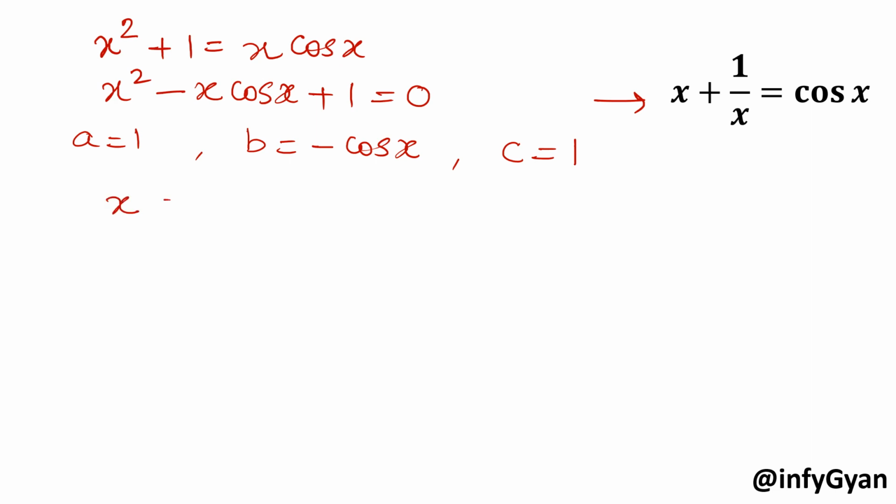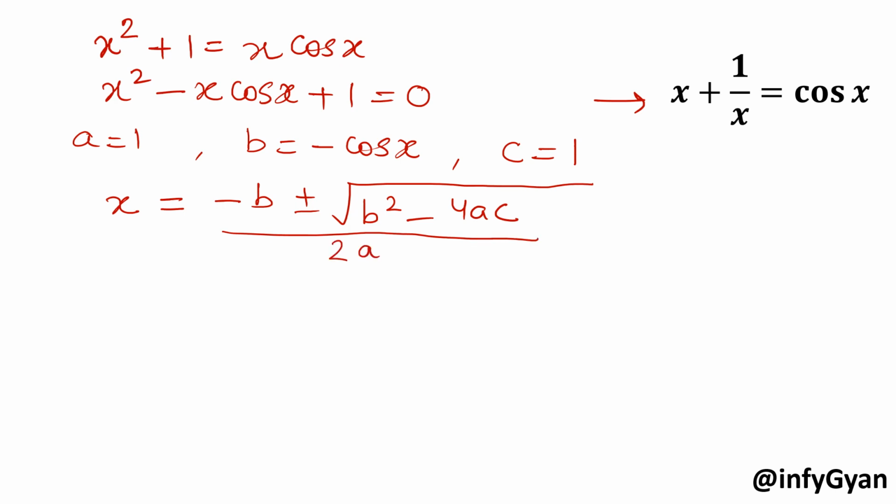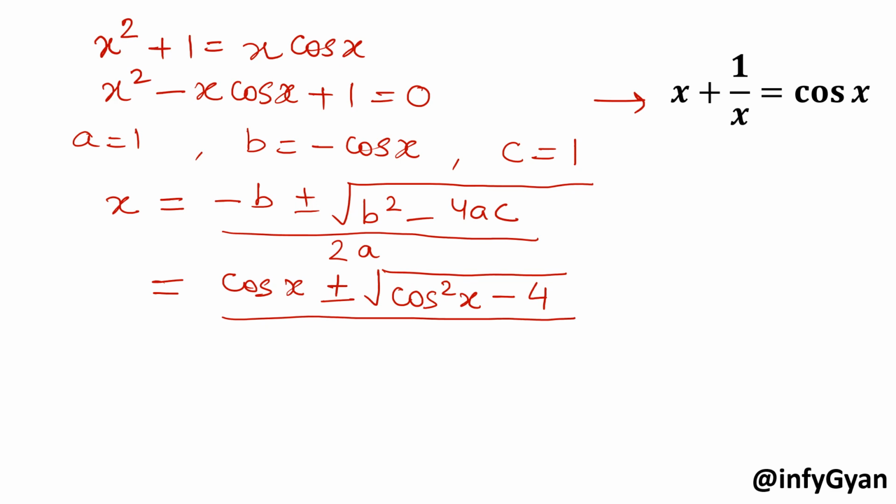Now the quadratic formula is minus b plus or minus square root of b square minus 4ac over 2a. Let's put the values: cos x plus or minus square root of cos square x minus 4, over 2a. a is 1, so 2.